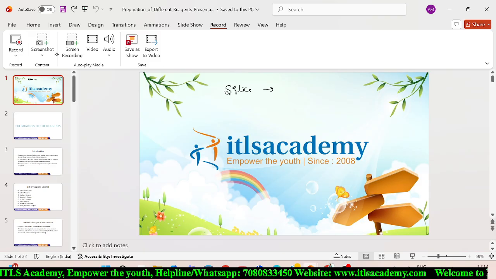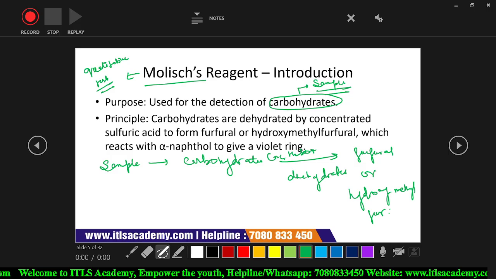Now here, suppose we have a sample. This sample contains carbohydrates. These carbohydrates are dehydrated in the presence of concentrated sulfuric acid, due to which furfural or hydroxymethyl furfural is formed.